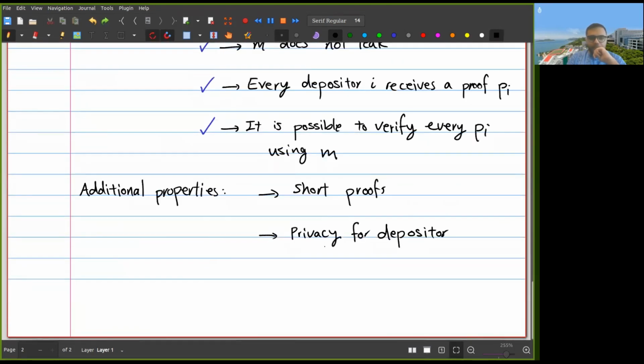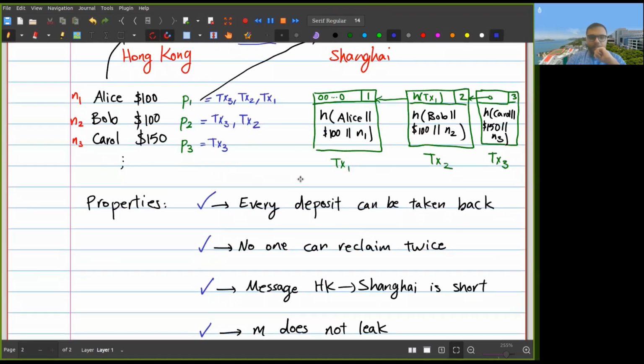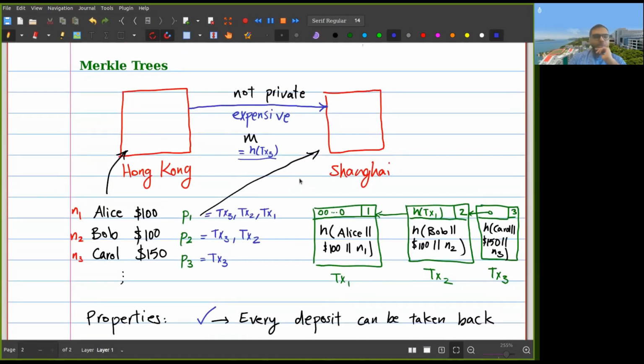Now, here we actually finally have the privacy for the depositors, right? Because again, if you look at it from the point of view of the different depositors and the proofs that they're getting, no one gets any information about the deposits that happened before them. So for example, Carol is only getting transaction 3.